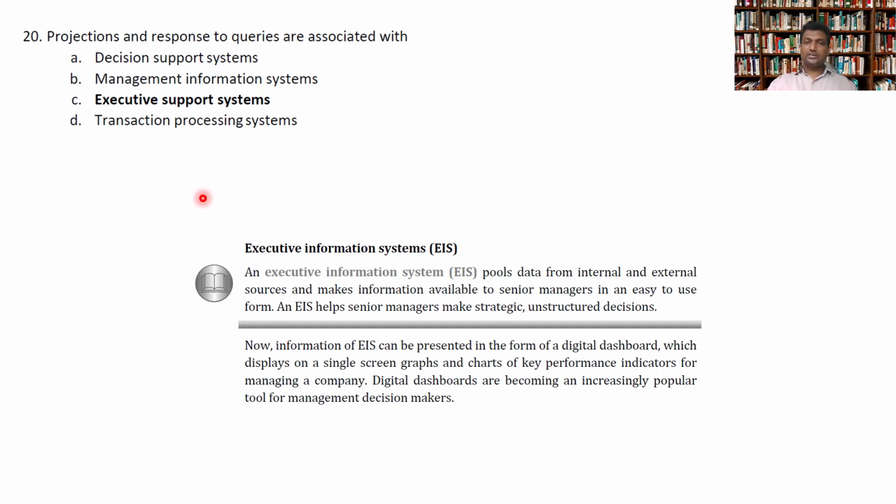For this question I have only taken the executive information system to explain, but it's very important to read all the other sections so that if you get a question on other systems also, you can answer it easily. An executive information system pools data from internal and external sources and makes information available to senior managers in an easy to use form.